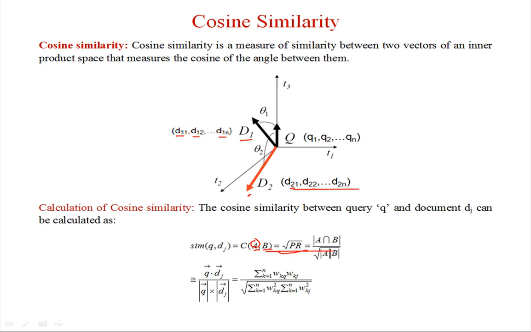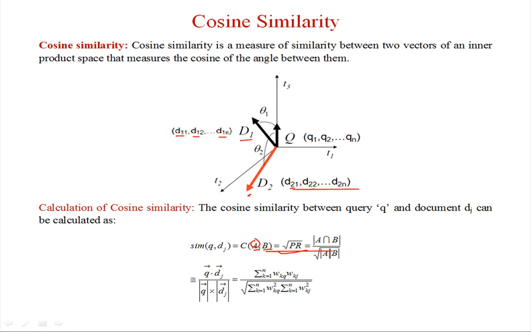So it is very simple. It will be like mod of A intersection B divided by root under cardinality of A into cardinality of B, and it is also equivalent to Q dot product Dj divided by cardinality of Q into cardinality of Dj.